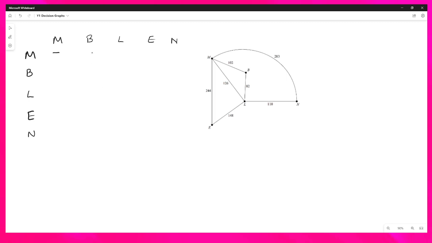The other difference is M to B, there's one arc, but we know the weight of it. So instead of writing 1, we actually put the weight in our matrix. And we continue. M to L is 126. M to E is 244.